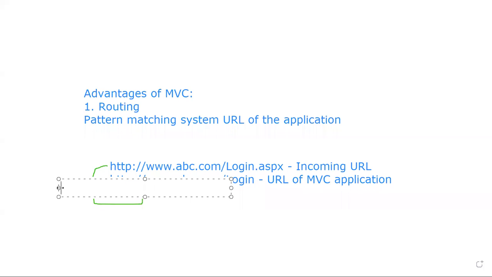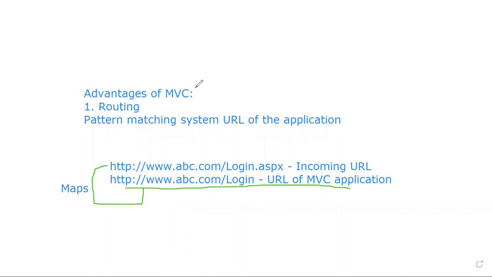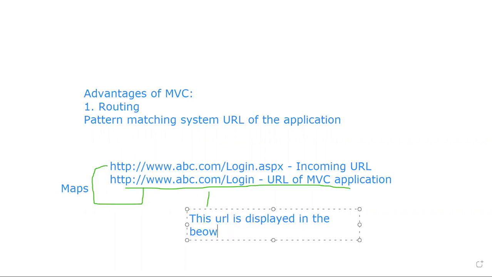So this URL will be displayed in the browser. This is the advantage of MVC routing. Okay, that is the main point.